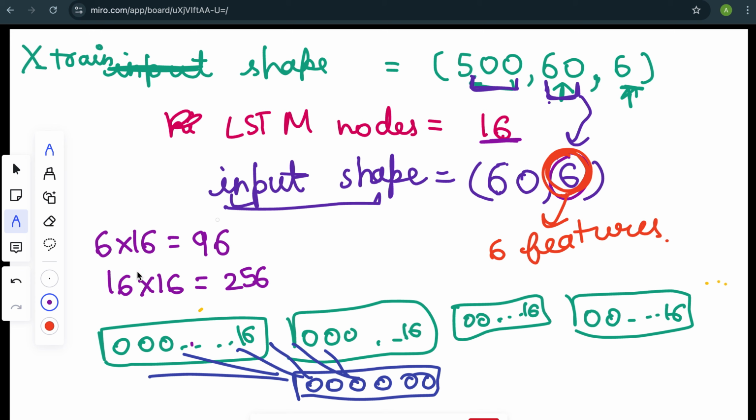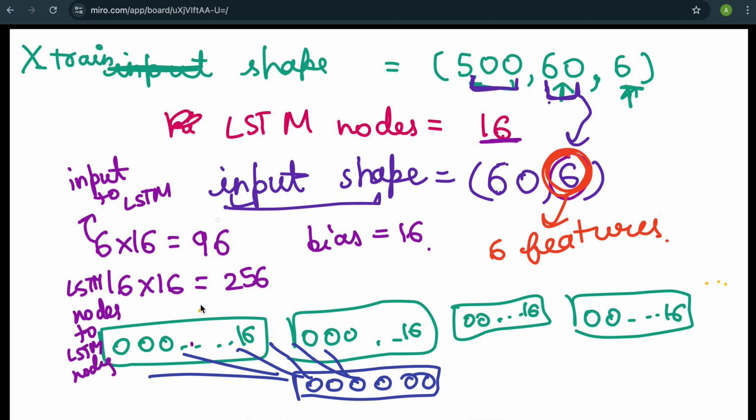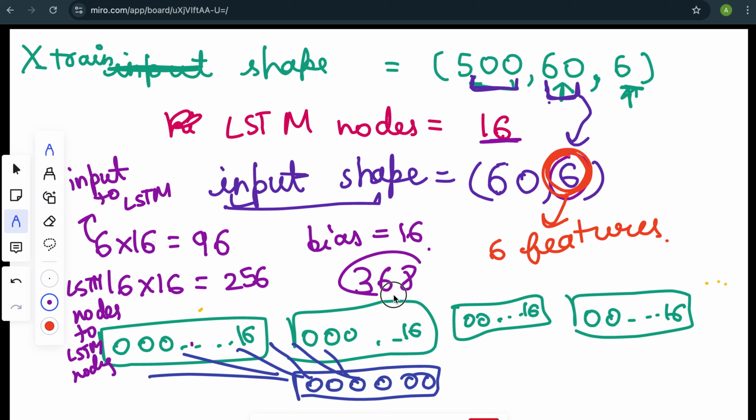And then we'll have how many biases? Bias is equal to 16. If you add all of it together, let me use the calculator, it will be equal to 368. Okay, 368, but for one box.